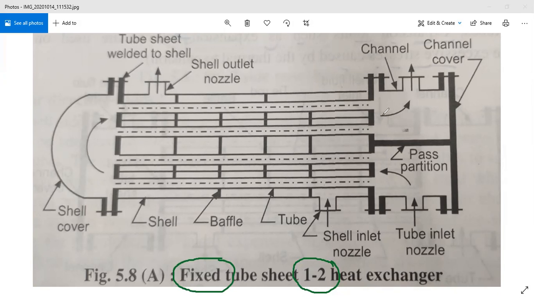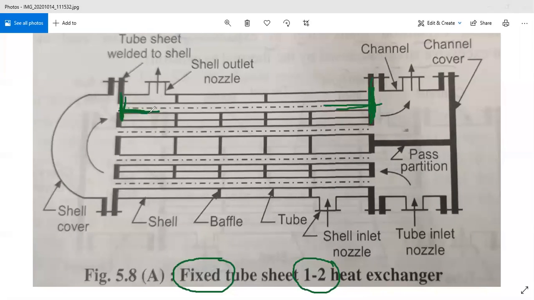You can observe from this diagram that these tubes are fixed with the tube sheets. These tubes are the integral part of the tube sheet itself, and that is why it is called fixed tube sheets.